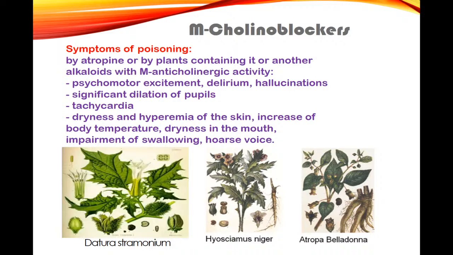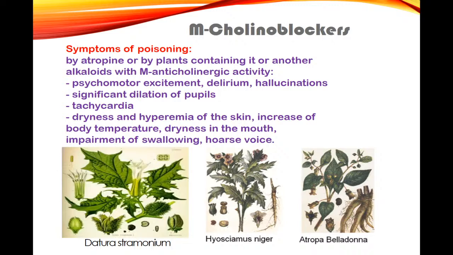These are plants: Atropa belladonna, Hyoscyamus niger, Datura stramonium, whose basic alkaloid is atropine. I told you that this is the atropine group or atropine-like agents. The name atropine is because of the name of the plant, Atropa belladonna. So this is the basic alkaloid.